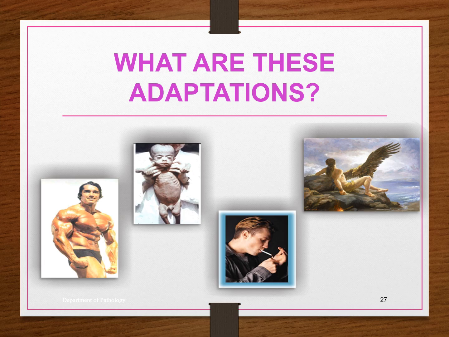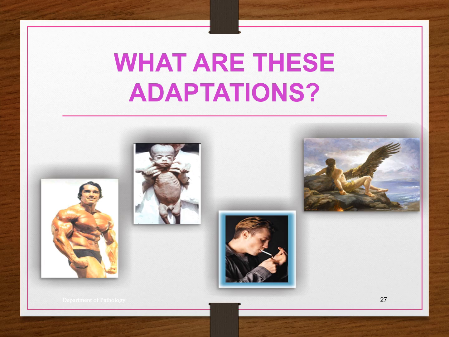What are these adaptations? If you see the picture, these four pictures are showing four adaptations. One will be the hyperplasia, one will be the hypertrophy, one will be the metaplasia, and other will be atrophy.